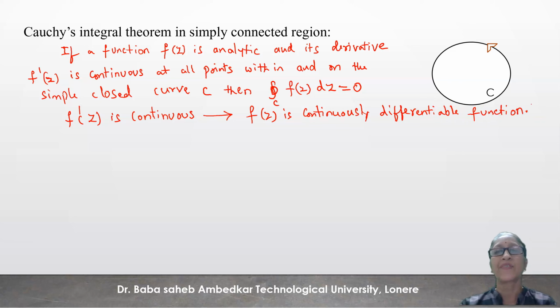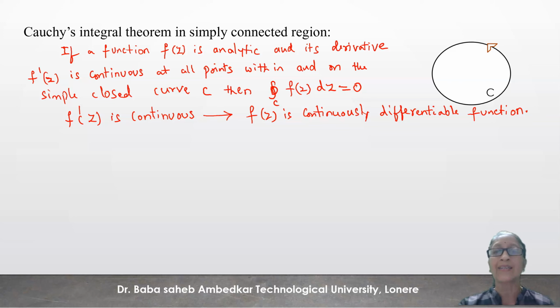If f(z) is continuously differentiable, what does it mean? f(z) is analytic within and on this closed curve C. So we can write f'(z) is continuous within and on the closed curve C. Now, this is Cauchy's integral theorem: the contour integral of f(z) dz is 0 if f(z) is analytic within and on the simple closed curve C.